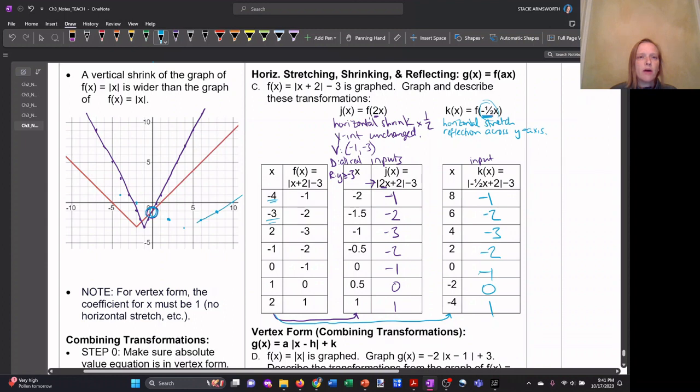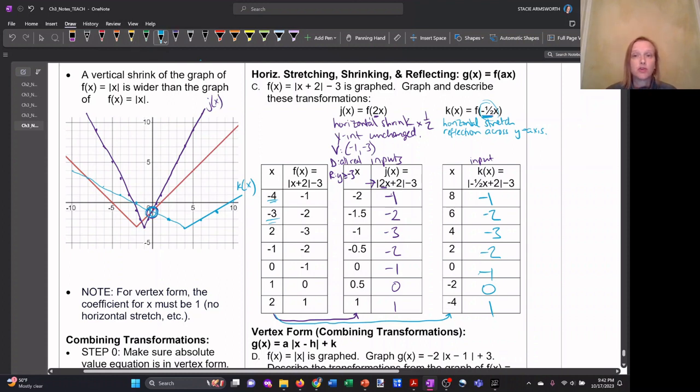So my graph has a wide V shape. A couple more points here. A wide V shape like this gives me my graph of k of x, as opposed to my graph of j of x.